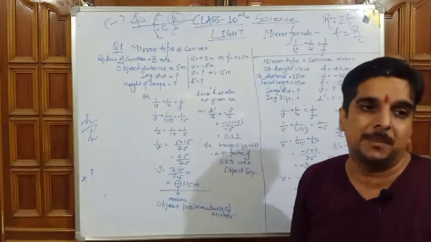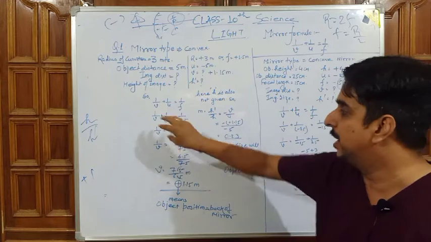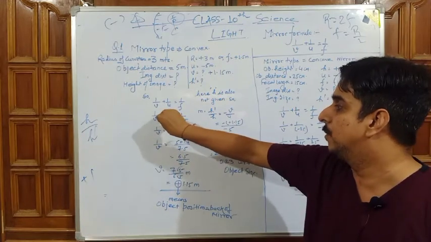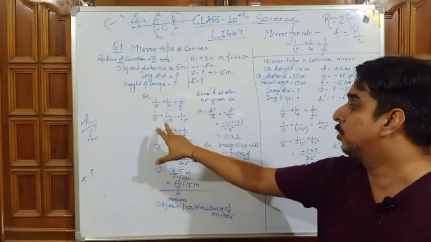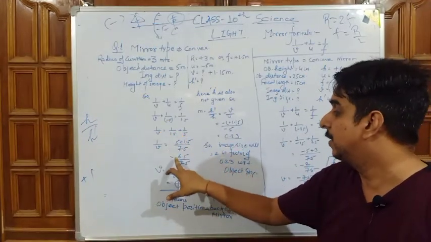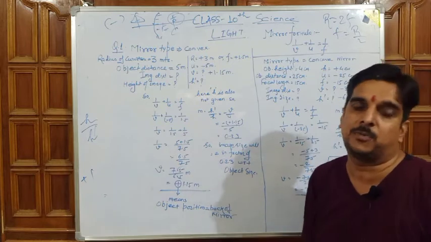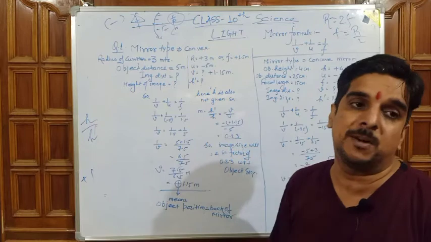Following the mathematical solving style, simply we will move 1 by minus 5 from LHS to RHS. So this minus sign will convert into plus sign. Afterward we will get 6.5 by 7.5. That will be the value of 1 by V.